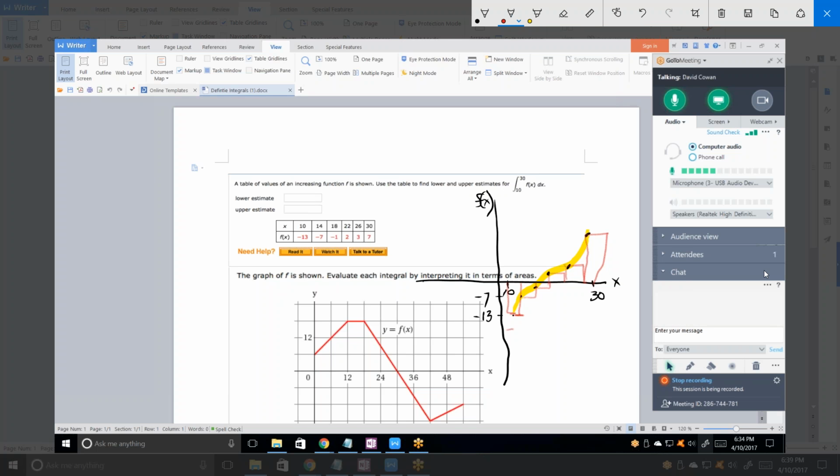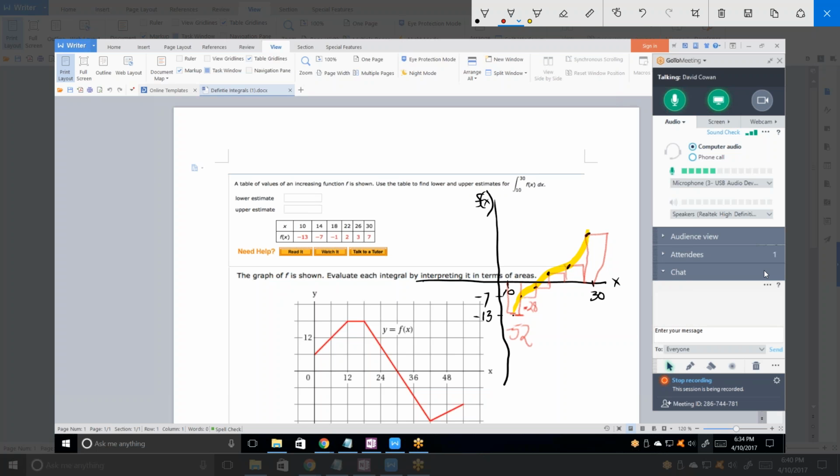That's minus 52. Okay, that's that first rectangle. Second rectangle goes from 14 to 18, so it's also 4 units wide, and it's 7 units deep. That means that's minus 28.